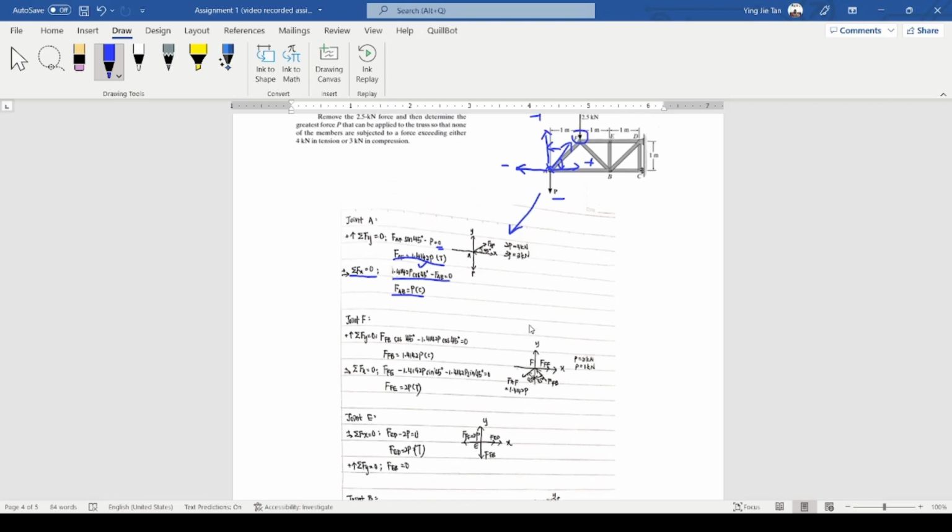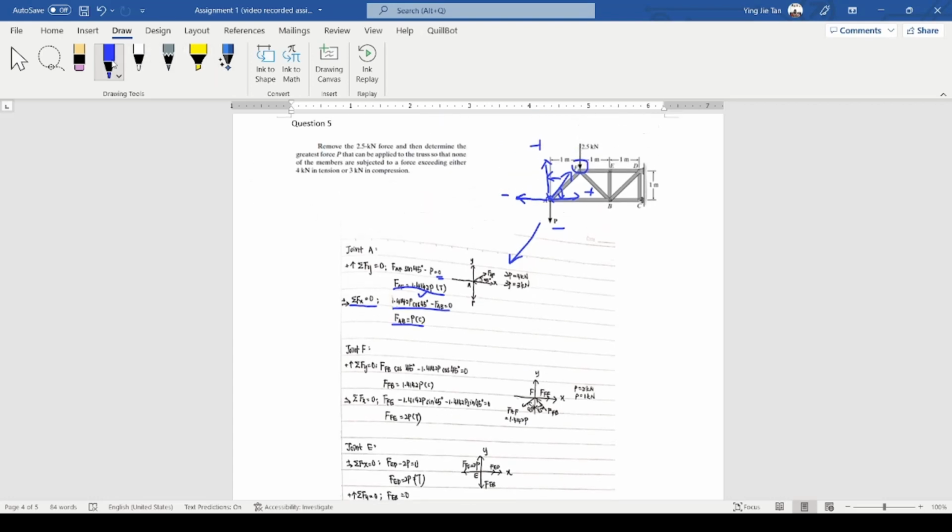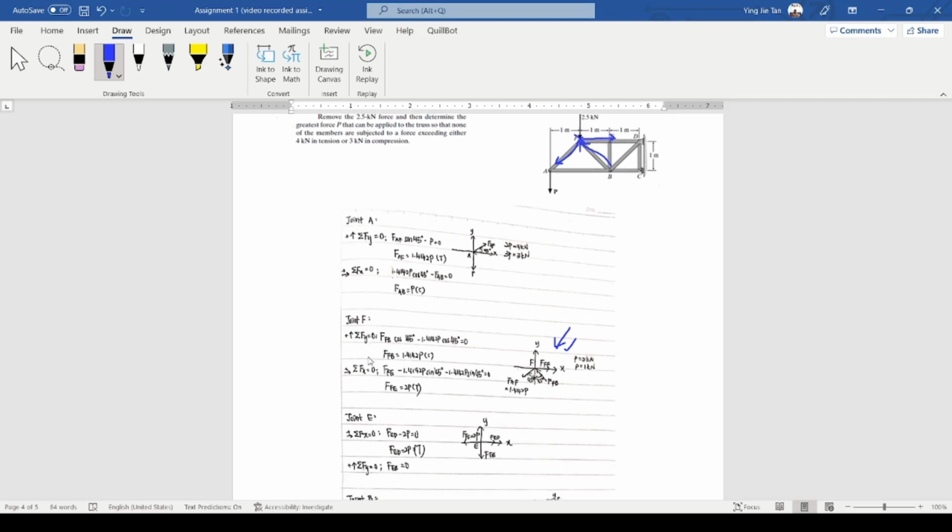So after that, we see the joint F. Joint F will be right here, and this is the diagram. So at F, we have a force in this direction, and this direction, and here this direction, so we get this one. Also we consider the Fy, I mean the y-axis.